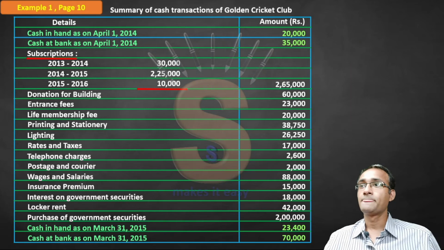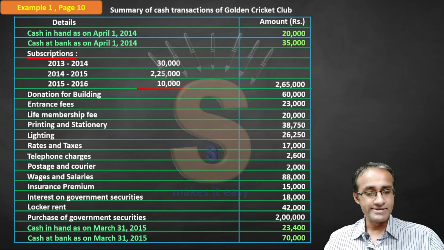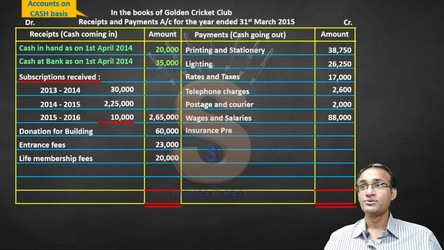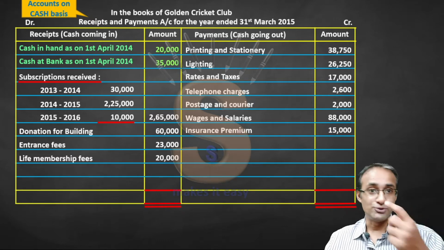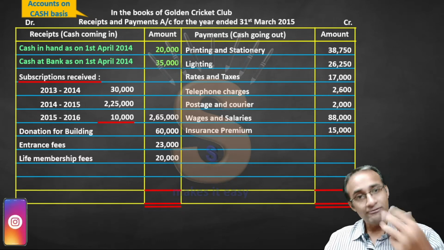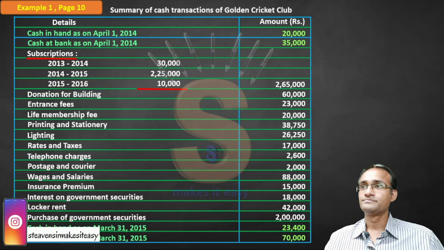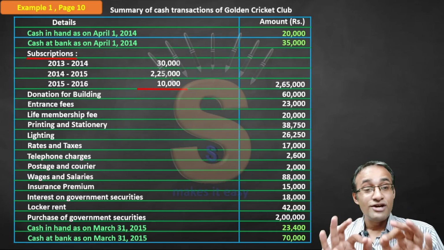नेक्स्ट, इंश्योरेंस प्रीमियम, खर्चा है, पेमेंट साइड पे आएगा. खर्चा है तो पेमेंट साइड पे आना चाहिए, क्योंकि अगर आपने प्रॉमिस किया है टू पे तो वो नहीं आएगा. If you have paid it, it will appear. Interest on government securities, it's interesting. Why?